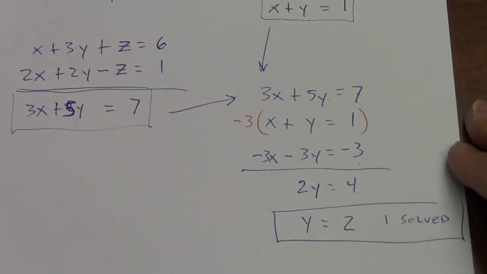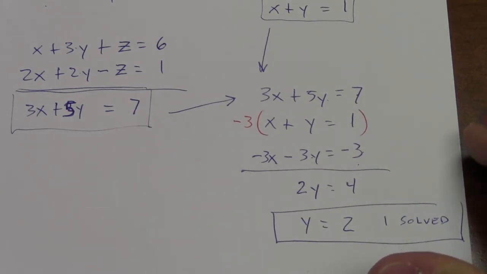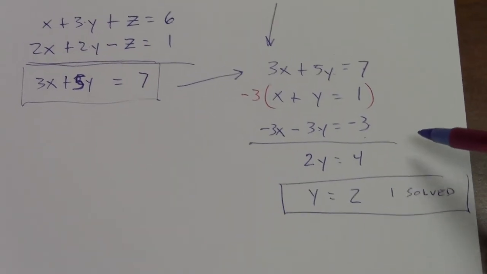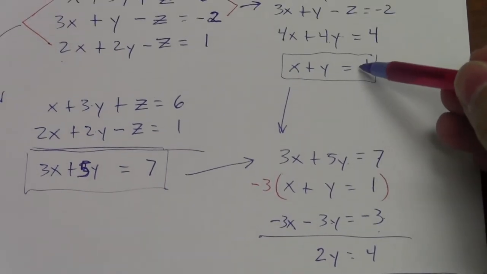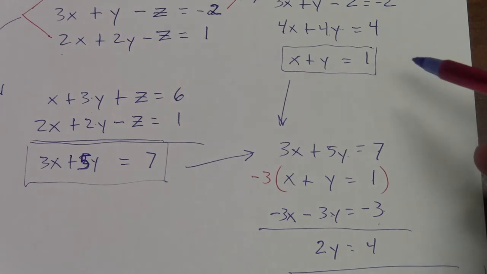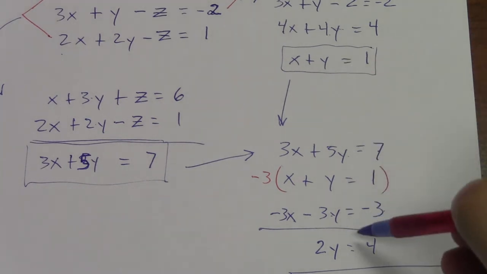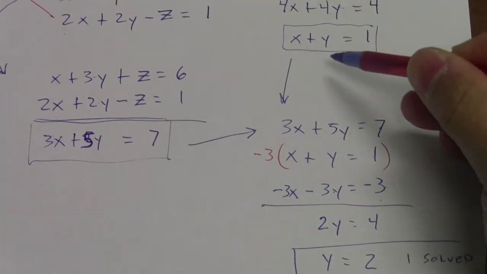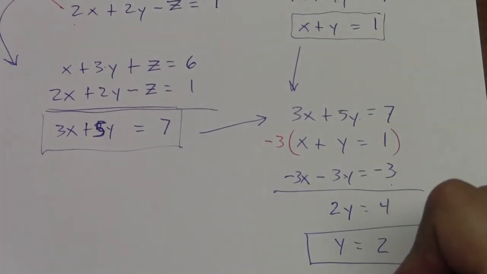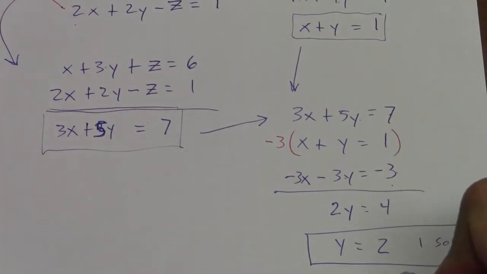All right. Now what I need to do is just go back in and start plugging things in. We know y is 2, so let's solve for x. Let's use this easy equation. That's pretty simple. I'm going to use this one and just solve for x. I'm going to plug in 2 for y and then just solve. So x plus y equals 1.